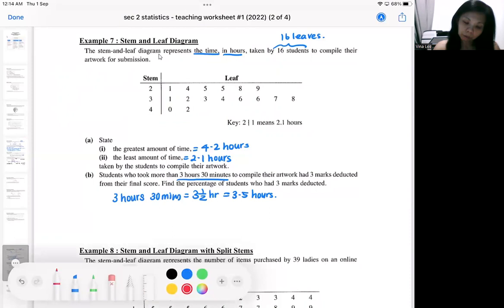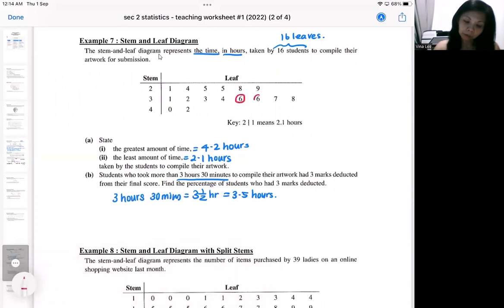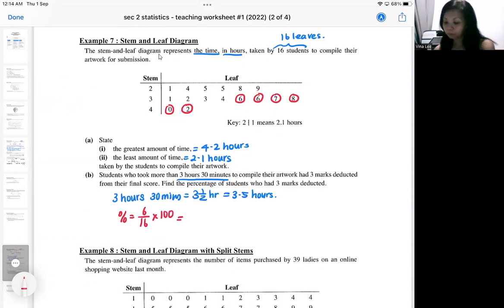So you can look: this is 3.6, 3.6, 3.7, 3.8, 4.0, and 4.2. These are the students who get 3 marks deducted. So the percentage here will be 6/16, so you will get 37.5%.